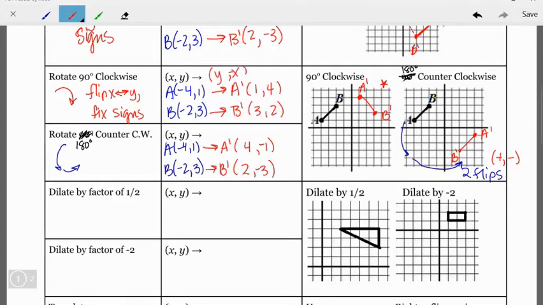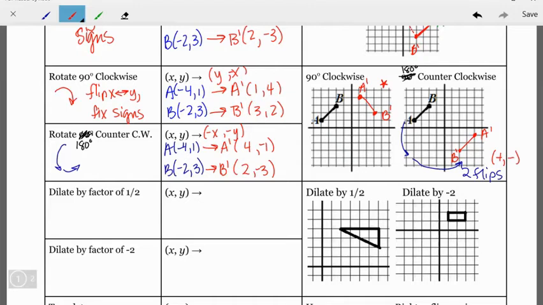The Y value stayed positive when we moved it, but the X value changed from a -4 to a +4. For rotating 180 degrees counterclockwise, again, our values stayed exactly the same, but what happened to the signs? Signs were perfectly flipped. All righty.